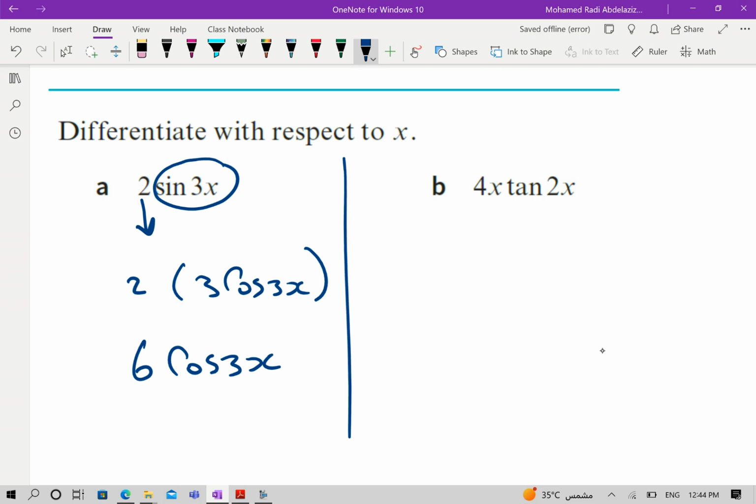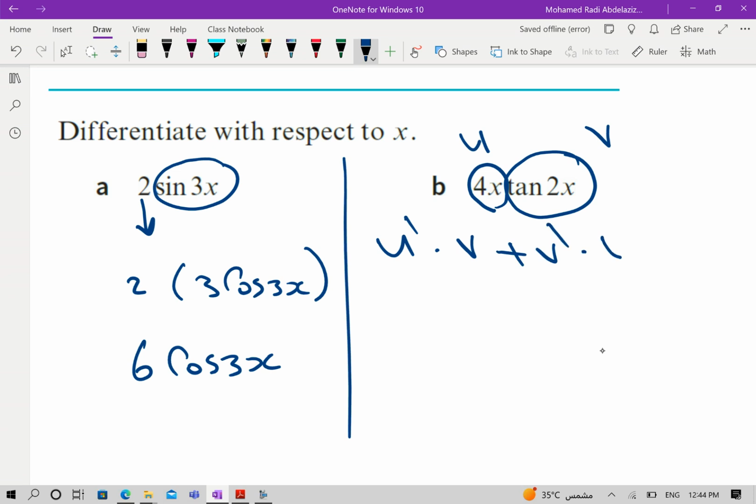4x tan 2x. You have to use u and v: u dash times v plus v dash times u. Differentiation of the first is 4 multiplied by tan 2x, plus differentiation of tan is sec squared 2x times 2. Write the coefficient of x outside directly: 2 sec squared 2x.